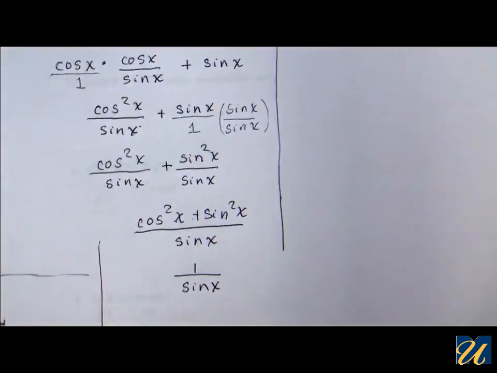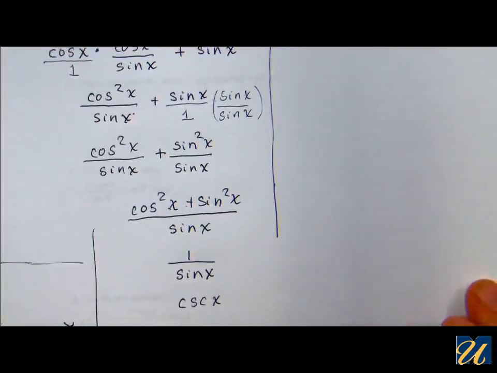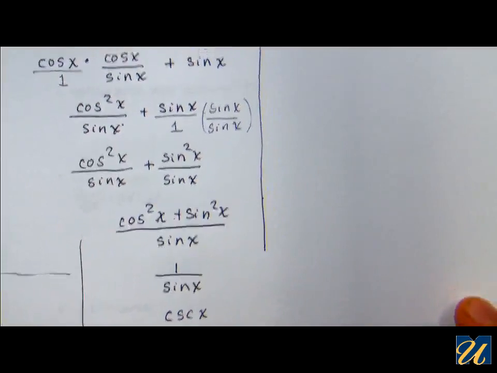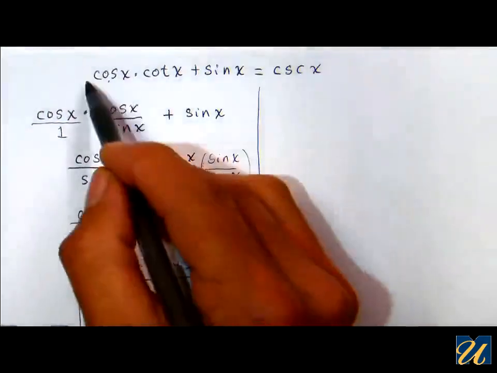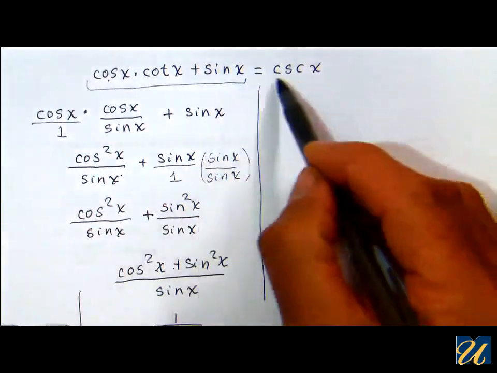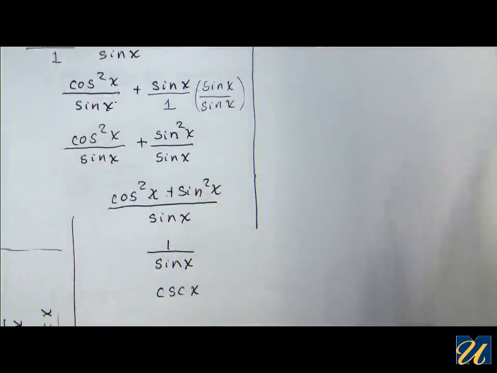So this is now the cosecant of x. We started with the left side and we had to end up with cosecant x, which we have done. So we have proven that identity is true.